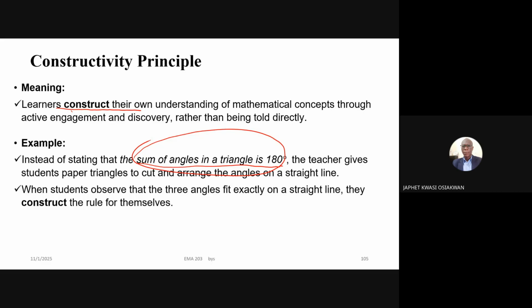Sir, please let me try. When you have a triangle and we cut the triangles so that we'll be having all the angles, and we arrange the angles, we can see that they will be arranged on a straight line.